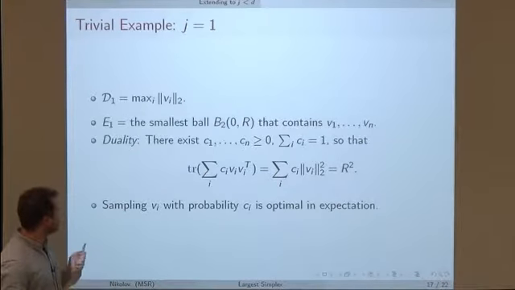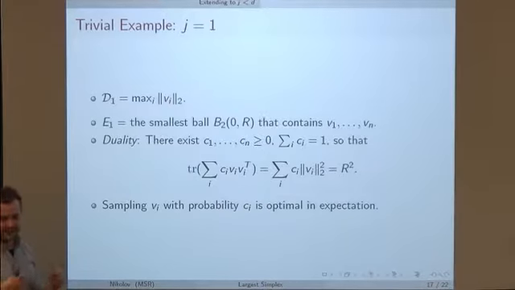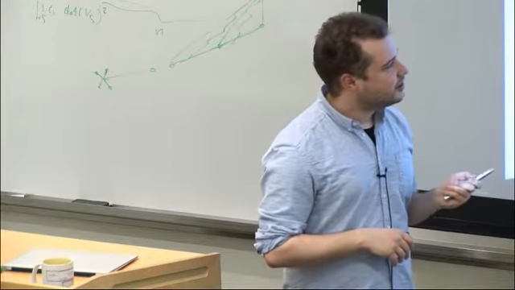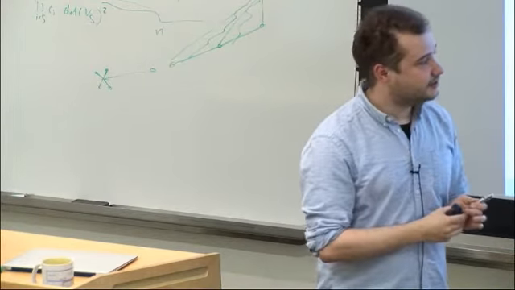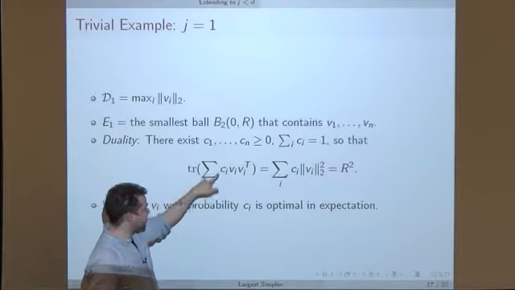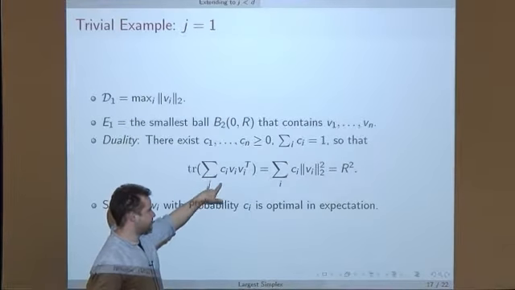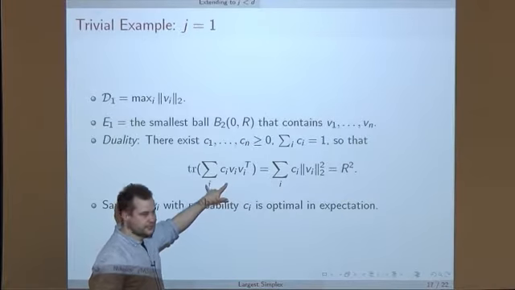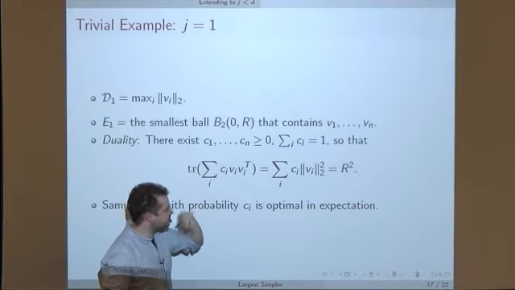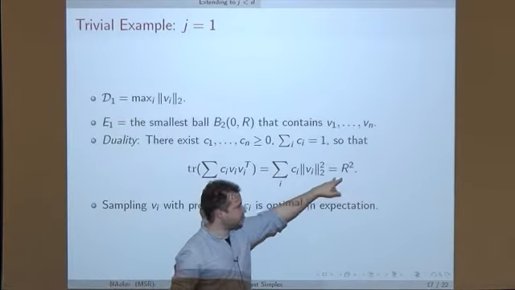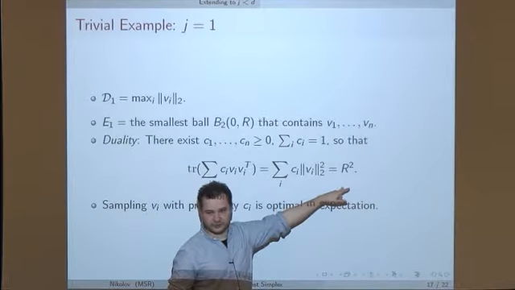This 1 is the dimension; remember, in the full-dimensional case, this was D. And I can look at the same matrix, the summation of Ci Vi Vi transpose. Now I know that the trace of this thing is equal to the optimal R squared.